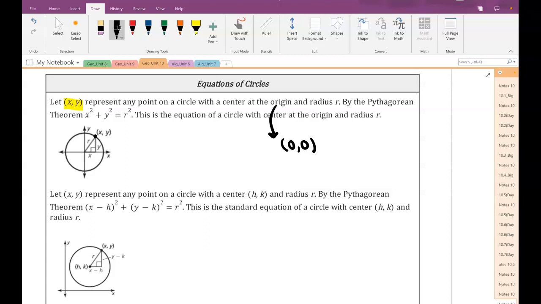We get our equation of our circle, we derive it from our Pythagorean theorem, which is x squared plus y squared is equal to r squared, something we've seen before in class.